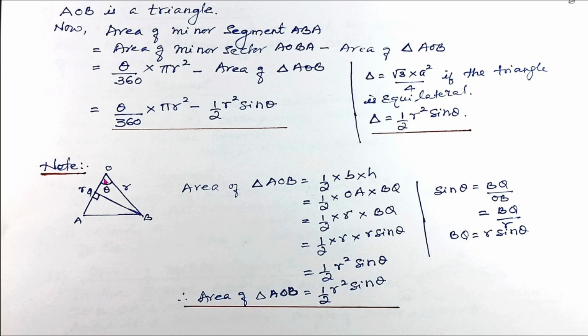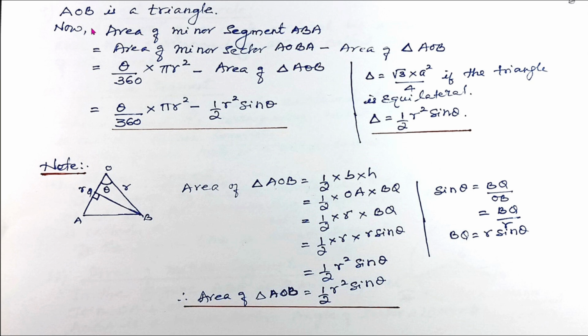If I take this theta as the central angle, then sine theta is equal to BQ upon OB, that is BQ upon r, because OB is r, and therefore BQ is equal to r sine theta. Substituting the value of BQ here, we get half r into r sine theta, or half r square sine theta. Therefore area of triangle AOB is half r square sine theta, that is what I have substituted here.